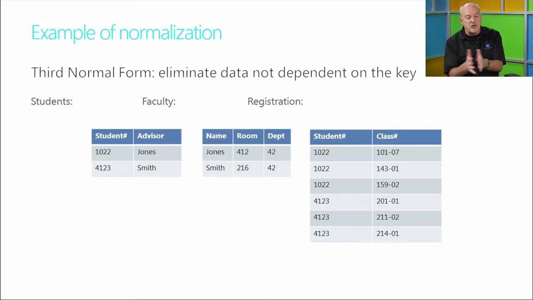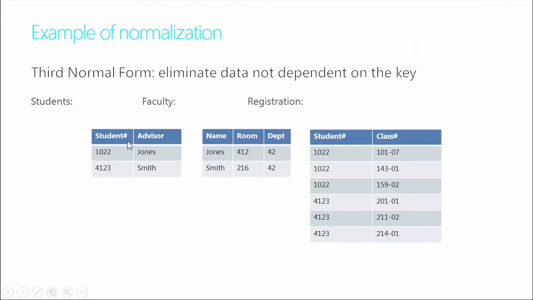Now we go to our registrations table and we have student number 1022. That's going to be attending class 101-07. 1022 will also be attending 143-01, and as you can see, it rolls down that way. So we've applied the third normal form, because now we have our student number as one table, and it's mapping to the faculty table using this advisor name, and it's also mapping to a student table using the student name.